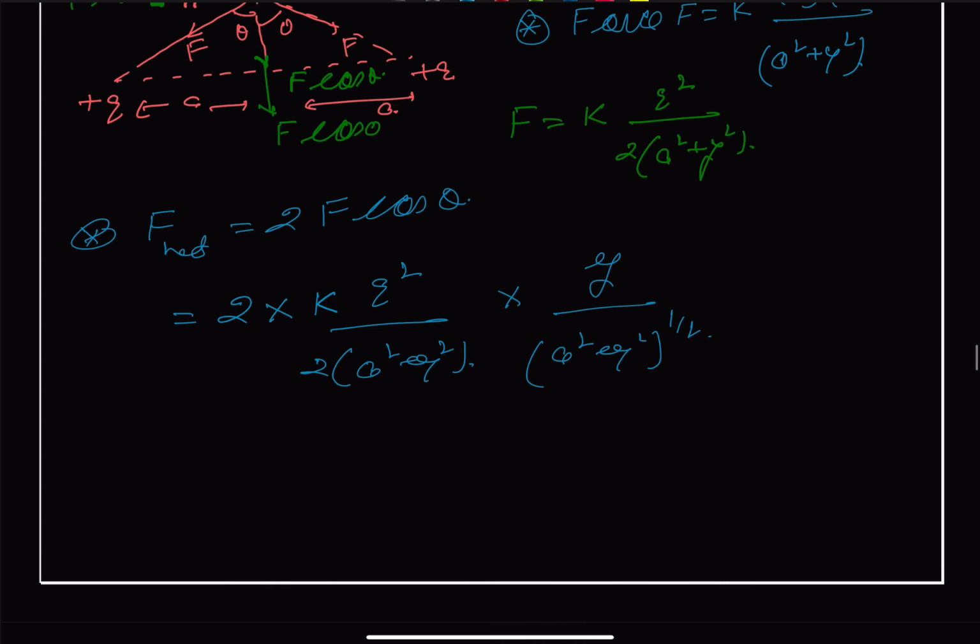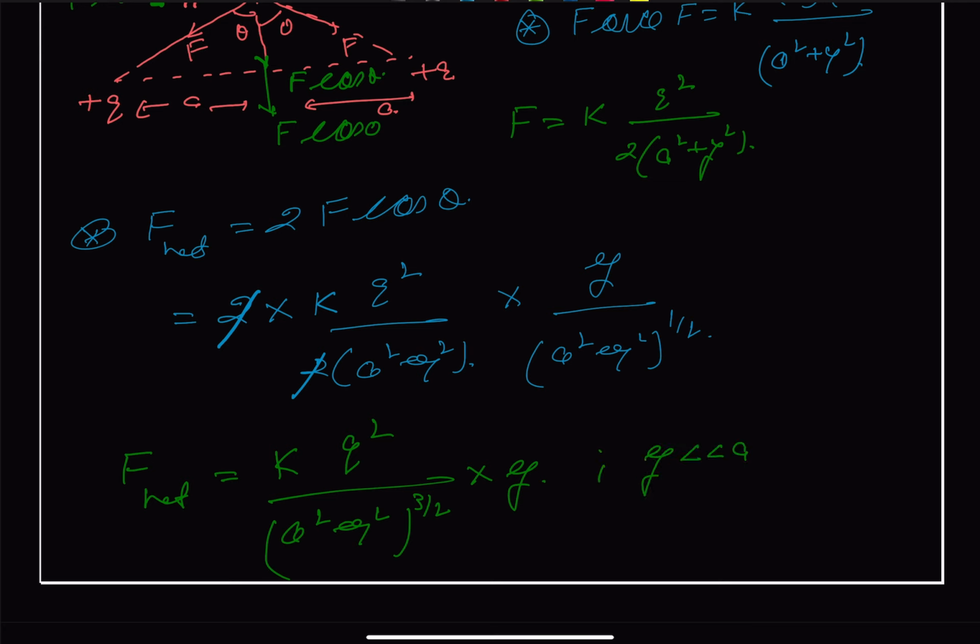Now it's correct. So therefore this 2 and 2 cancel out, so we get our F net is equal to K Q square upon a square plus y square whole raised power 3 by 2 multiplied by y, and we are given that this y is very much less than a, therefore a square plus y square whole raised power 3 by 2 can be approximately equal to a cube.